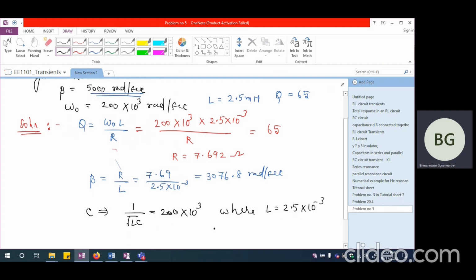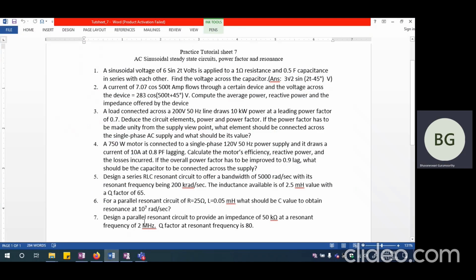C comes out to be 0.01 microfarad in this particular case. So please work out the other two problems. If you look at this tutorial sheet, there are problem numbers 6 and 7. Please try to work out those problems.